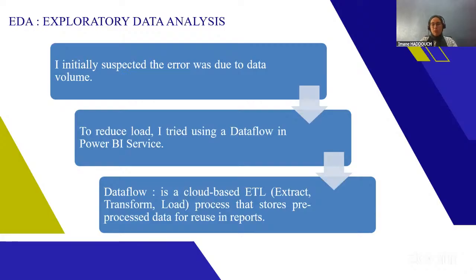So I moved, another time, my transformations into the Power BI Dataflow. It's a web-hosted ETL process that stores and pre-processes the data for use in reports. It's more powerful than the two steps I used before. And again, to pre-aggregate my data and filter it in the cloud, I hoped to create an optimized, analytics-ready table that would significantly reduce my processing load.